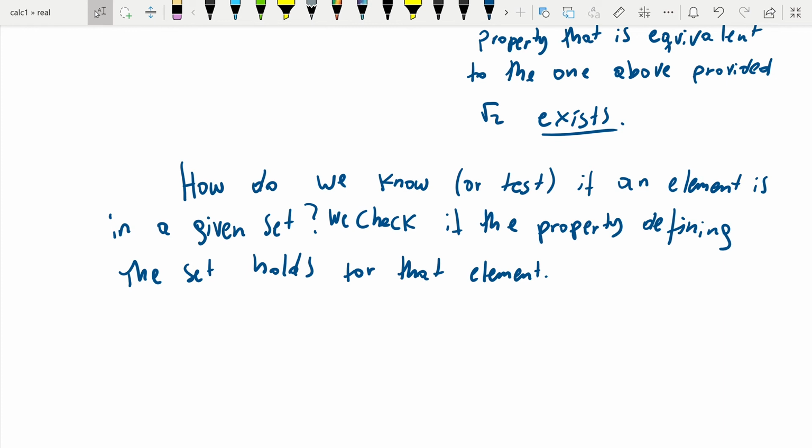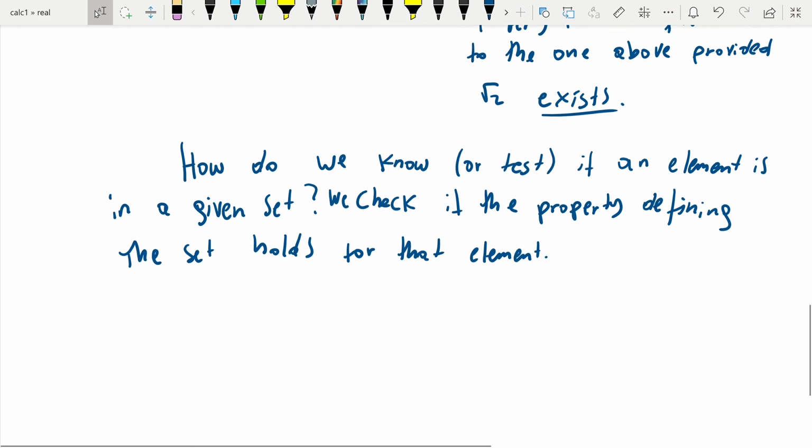In logic terms, if you plug that particular element into the proposition and it makes the proposition true, then the element belongs to the set.